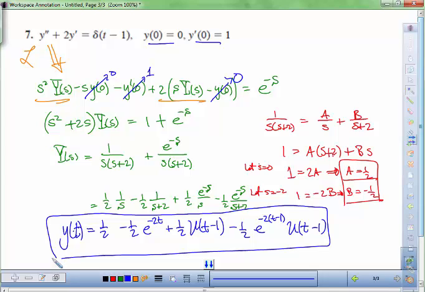Okay, any questions? Yeah. So after I found A and B, this thing gets split up to A times 1 over s, or A over s.